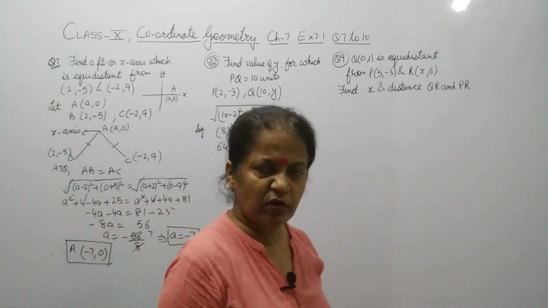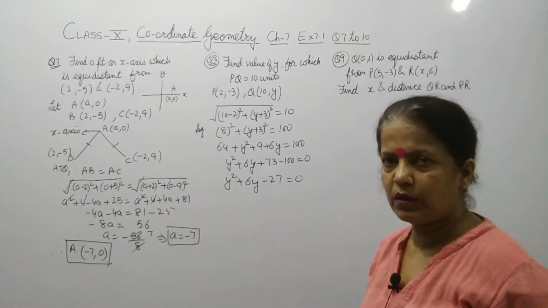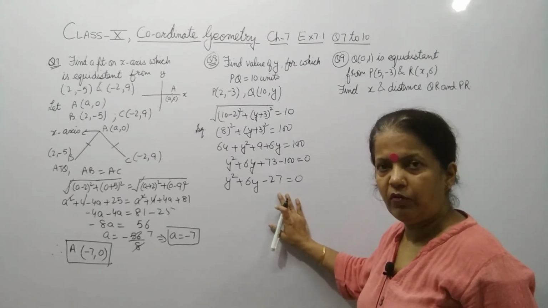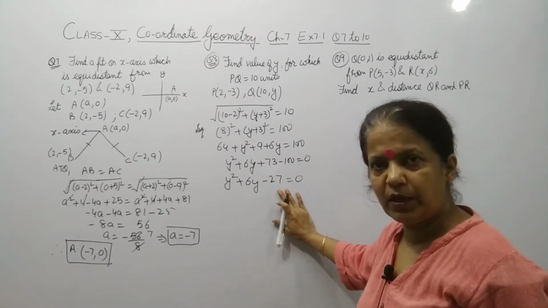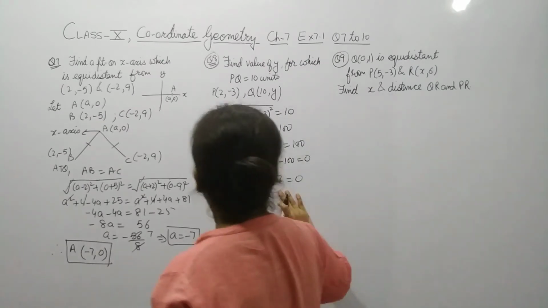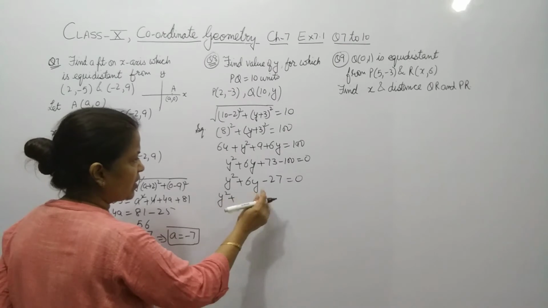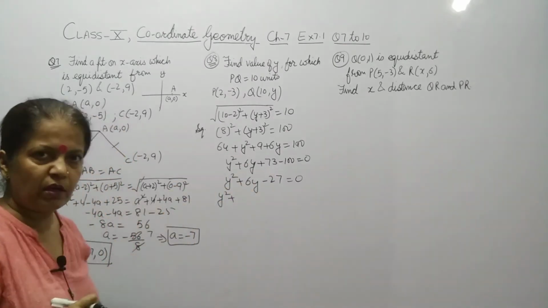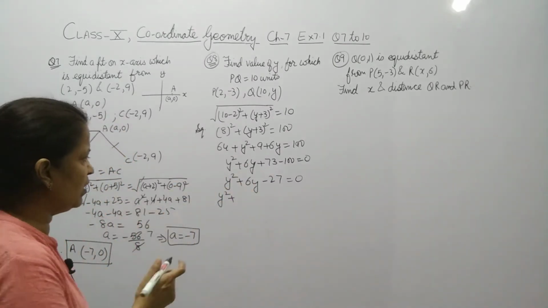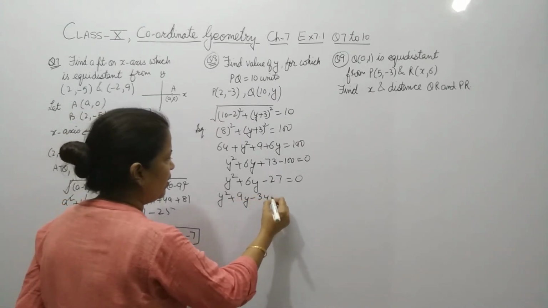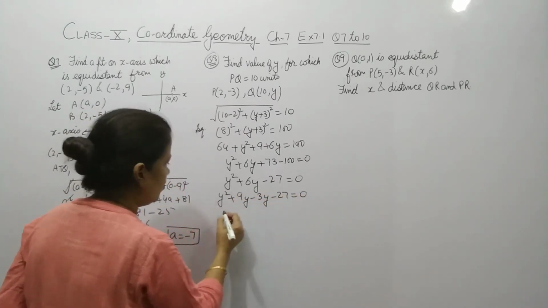How will you find the value of y now? By splitting the middle term, by factorizing. So let's go for y square plus, minus 27. Minus 27 is 9 into 3, so 9y minus 3y minus 27 equals 0.